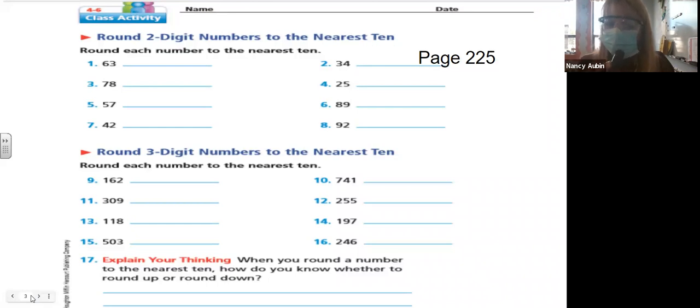Still says round each number to the nearest 10, but Ellie, what's different about the second section? They're in the hundreds place. So let's just review that. Let's go ahead and look at number 1 together. The number 63, Lennox. How do I know how to round 63? What would I do first?